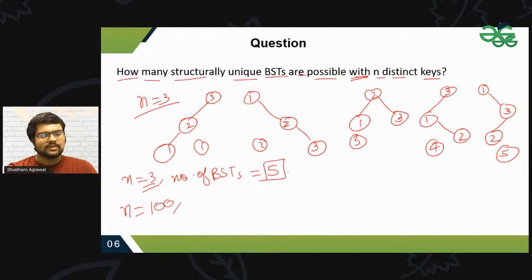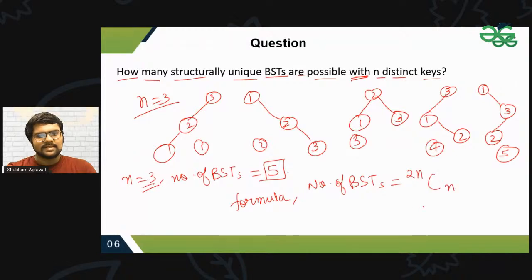The formula is: the number of BSTs possible is 2n Cn upon n plus 1, where 2n Cn is the combination. This is the formula for calculating the number of BSTs.